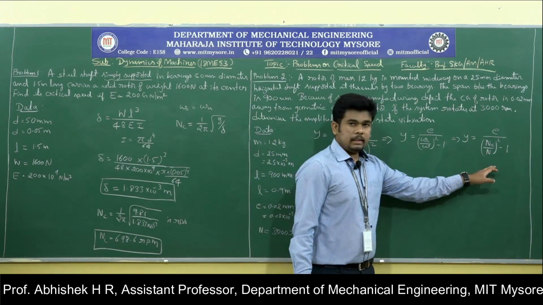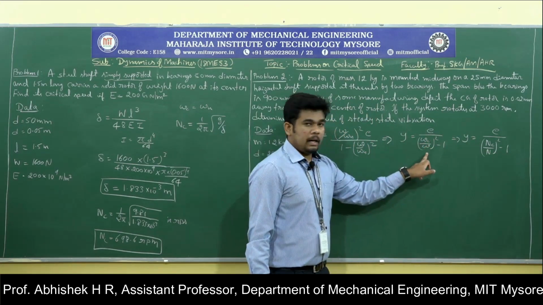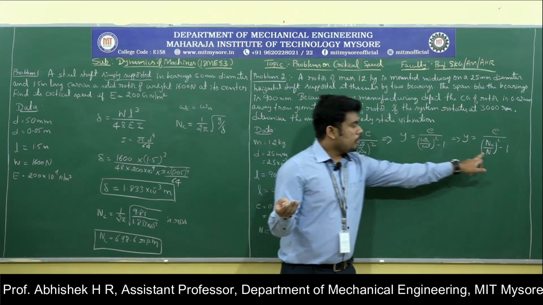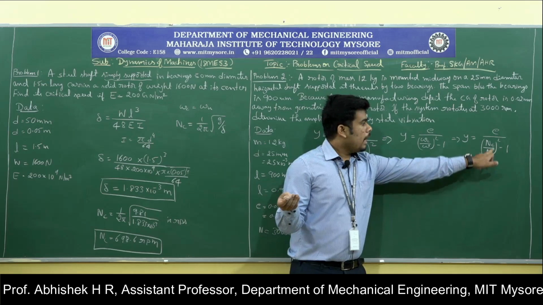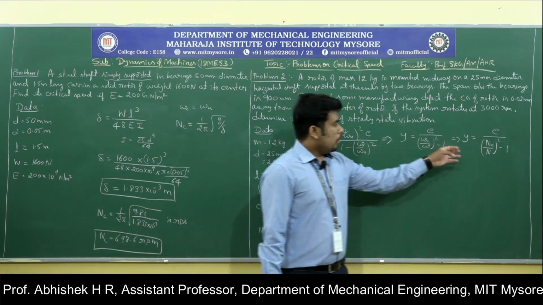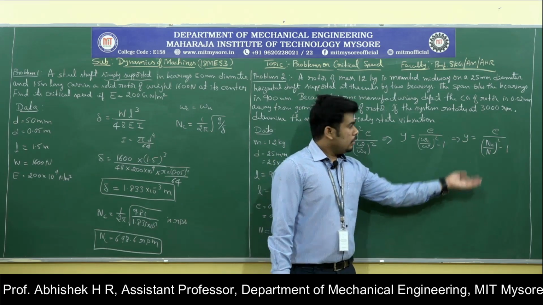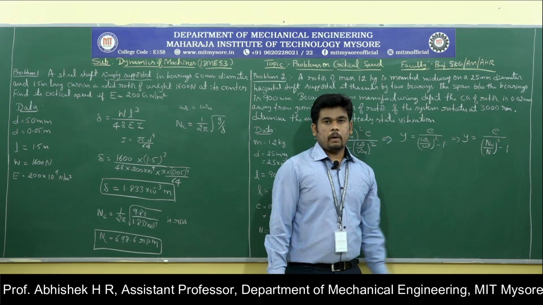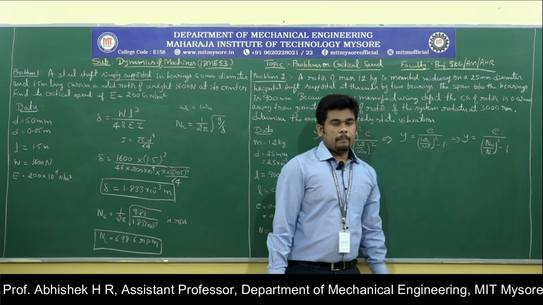So how did we get this? Omega means 2 pi N, right? So we have the operating speed N and this is Nc, that is 2 pi Nc. So 2 pi will get cancelled, and the remaining terms are Nc by N, whole square minus 1.